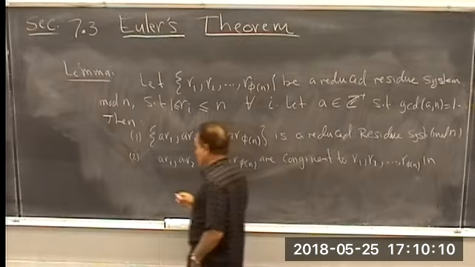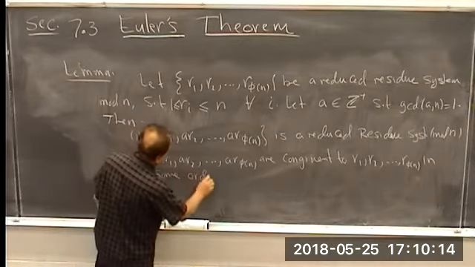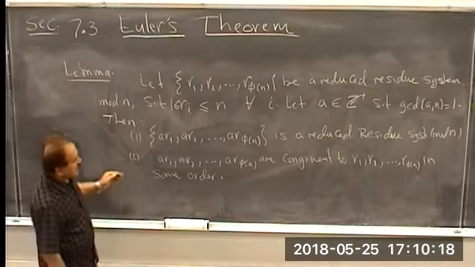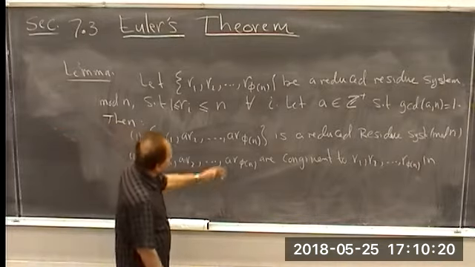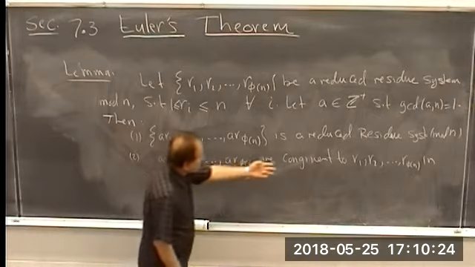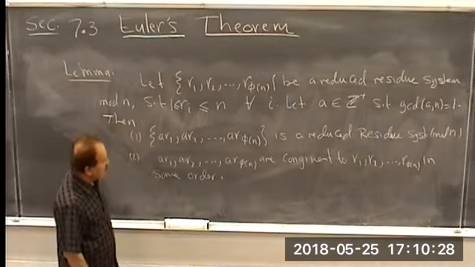In some form. Now there's a permutation that we apply to the indices of a R1, a R2, and so on. It will give you the same as R1 up to R phi of n.